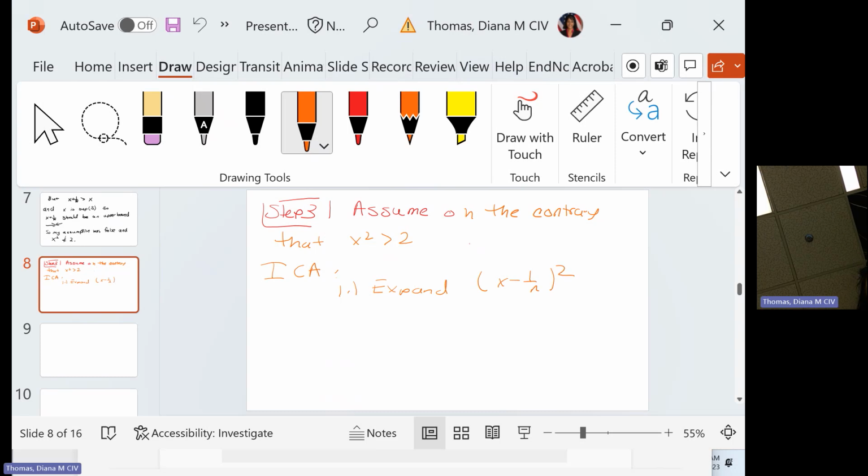You're going to do the same trick. Expand that. And then next, choose n so large.